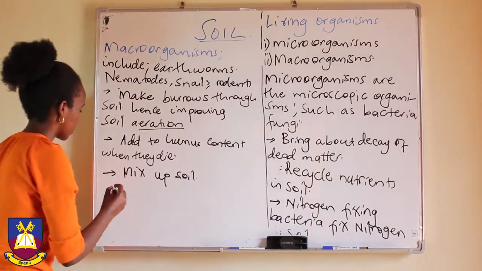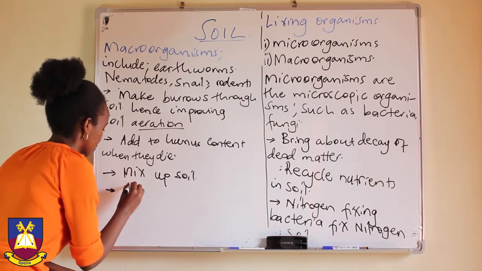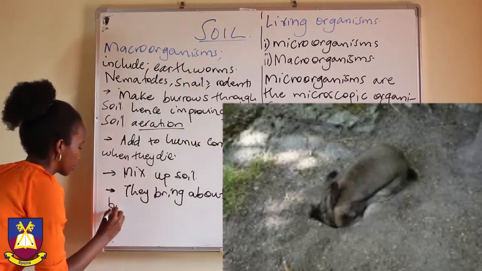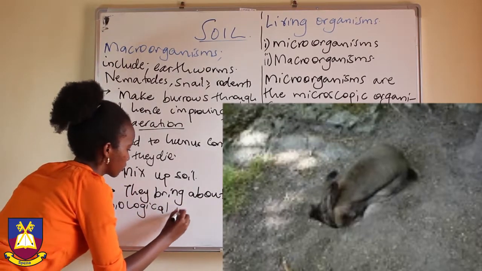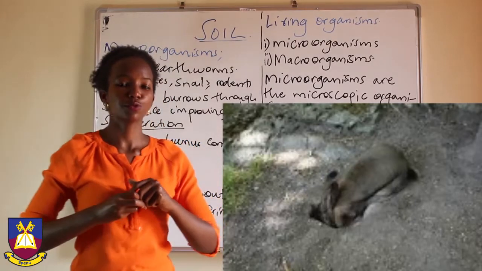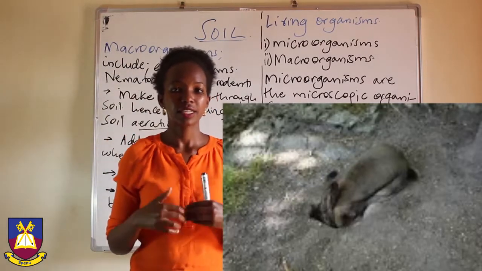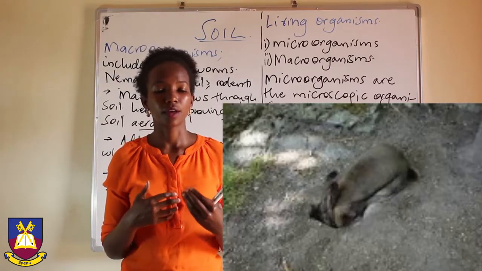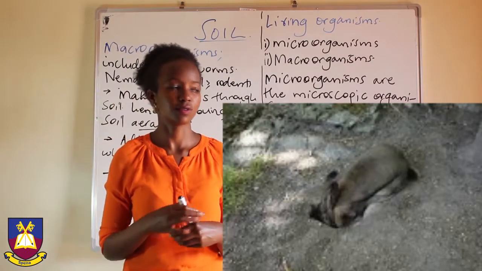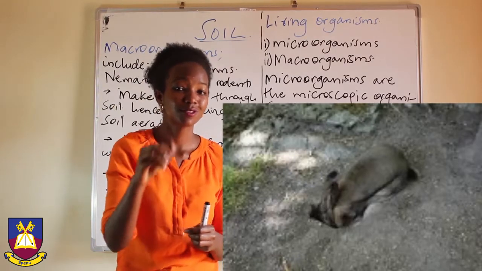They also bring about biological weathering. Now, biological weathering is when living organisms take part in breaking down big rock particles to make small soil particles.